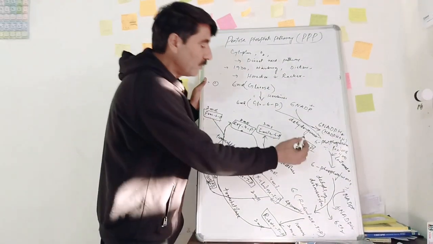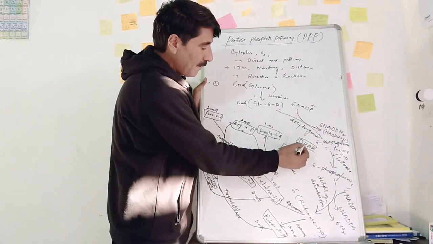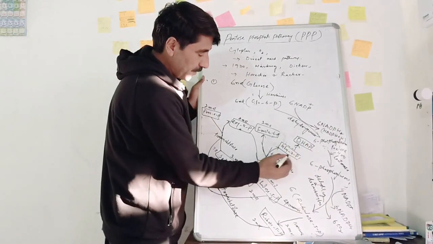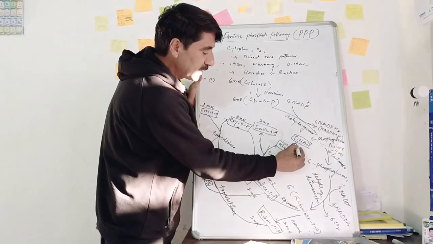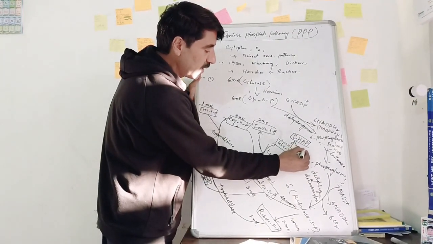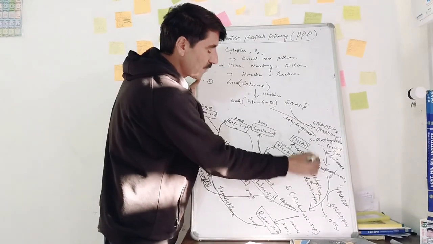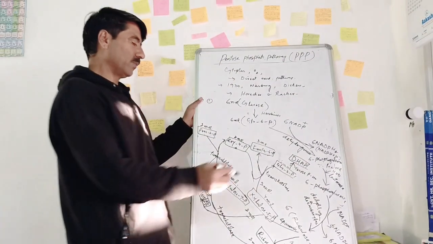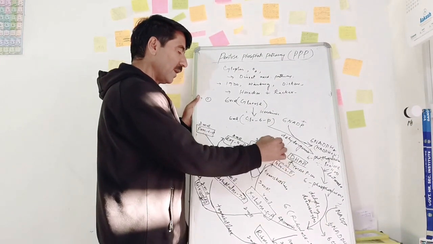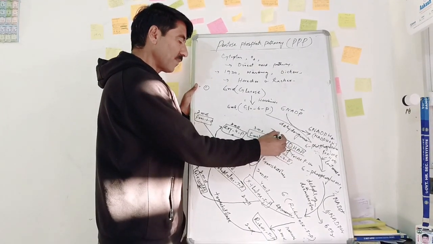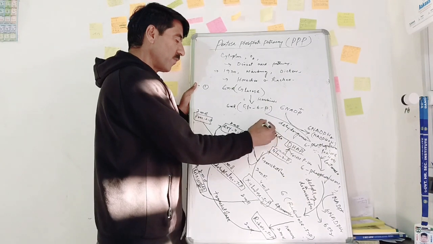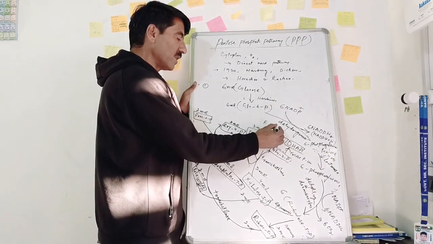Remember, this is also a triose sugar, that means 3-carbon sugar. Now this dihydroxyacetone phosphate is the isomer of the glyceraldehyde 3-phosphate. The enzyme is triose phosphate isomerase. Now both combine in presence of the enzyme that is called aldolase to produce fructose 1,6-diphosphate.